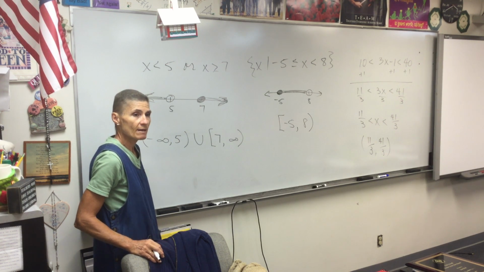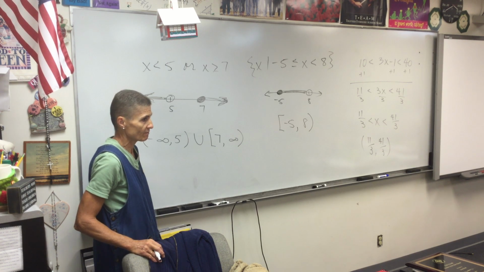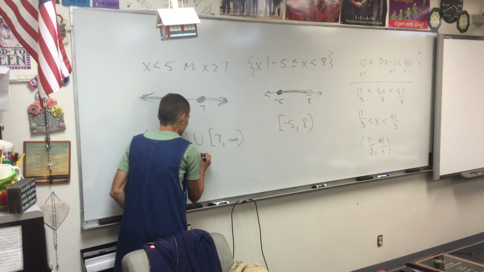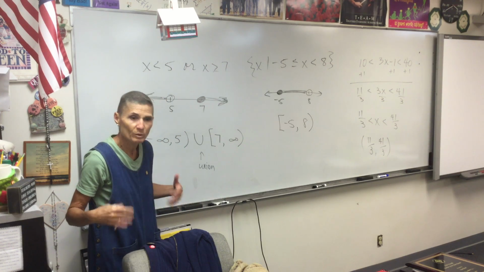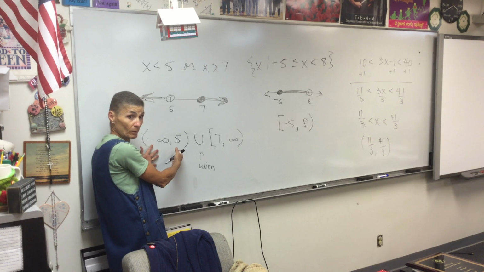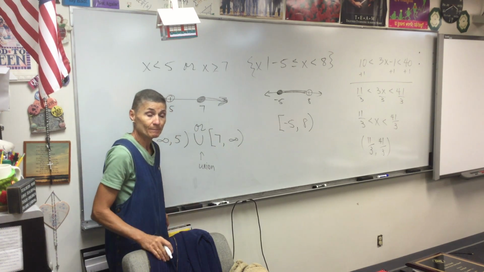Anybody know why he would say that? Anybody know what that U means or why we would put a U in there? What's that stand for? Oh, come on now. Somebody knows. Isn't it a union? It means union. And what does union mean to the mathematician? What are we really saying? It's either this piece of the number line or it's this piece of the number line.